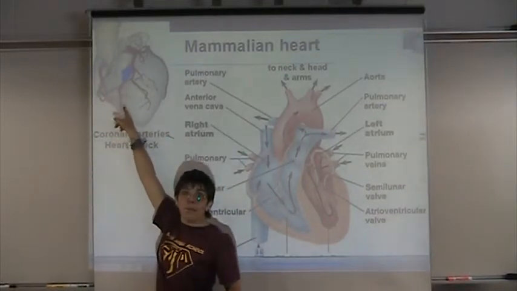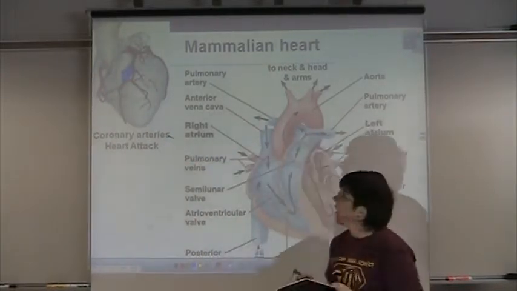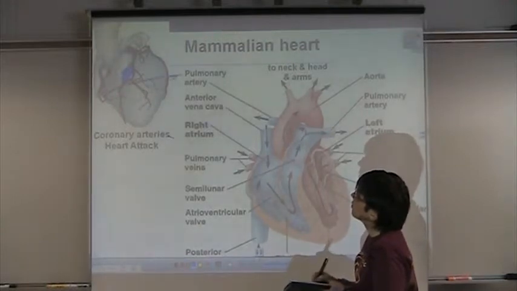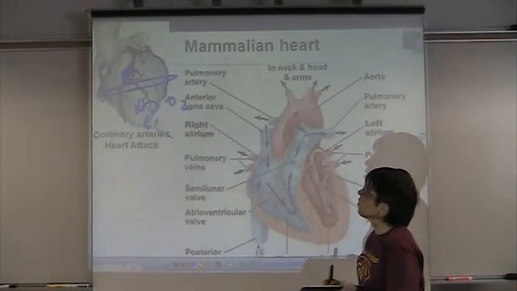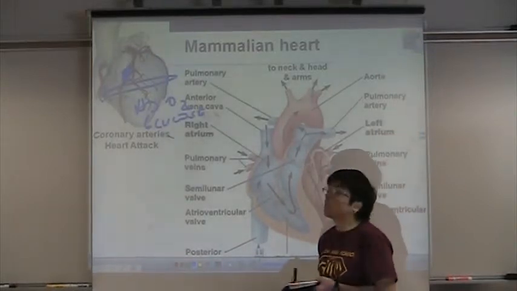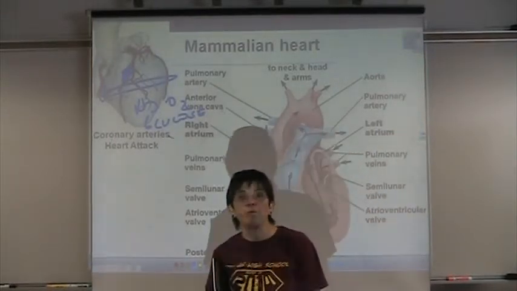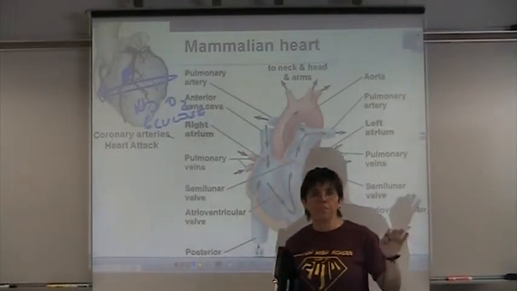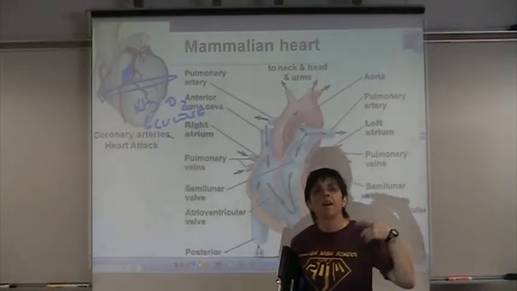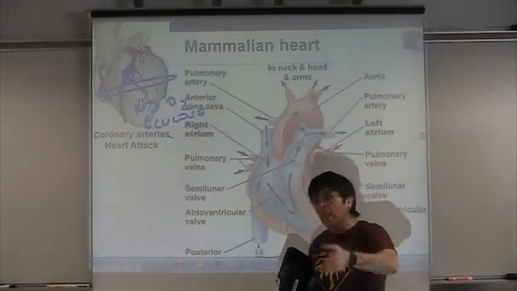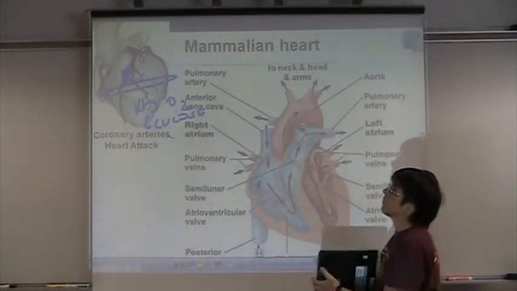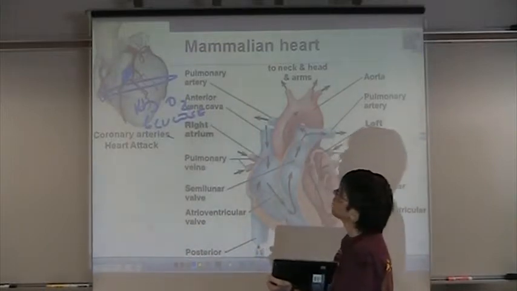When you don't get any blood to the lower part of the heart, the bottom part here, no oxygen, no glucose, and that means no cellular respiration, no ATP, it basically stops beating. And that is what's called a heart attack. That's when that part of the heart dies, technically.